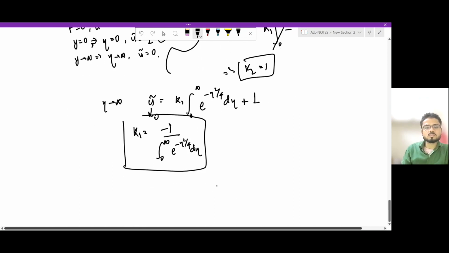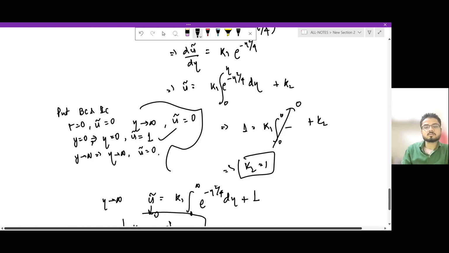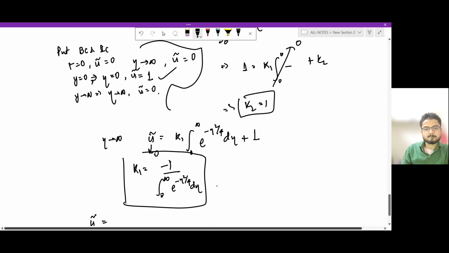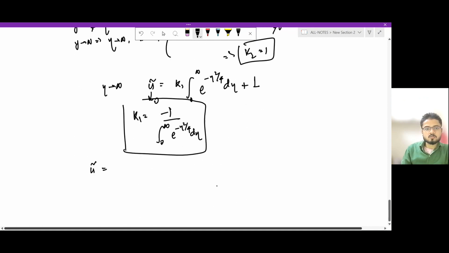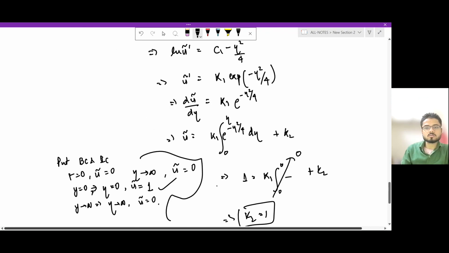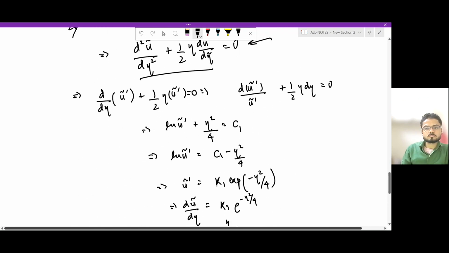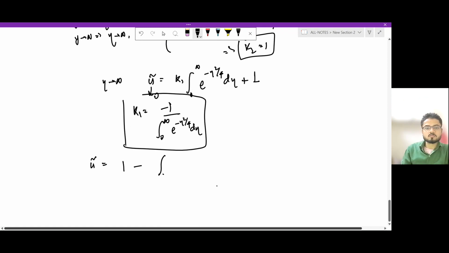Substitute both of these into the original equation, you get, with k2 being 1, this becomes 1 minus integral 0 to eta, e to the power minus eta squared over 4 d eta, over integral 0 to infinity, e to the power minus eta squared over 4 again, d eta.